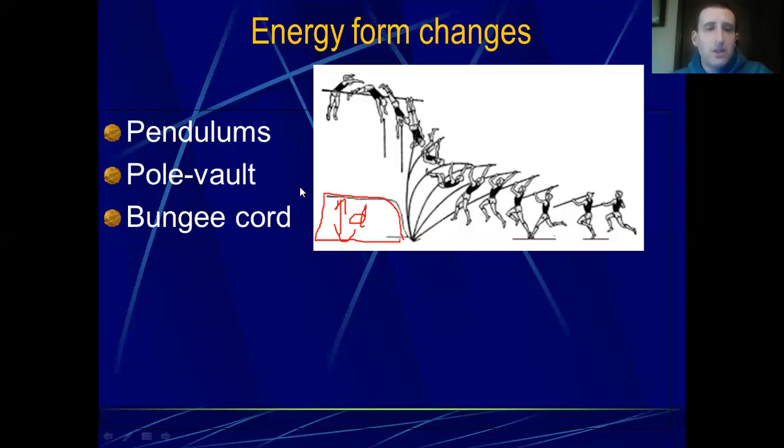Speaks a little bit to the classic movie, you know, James Bond type thing, right? Where they jump off with this bungee cord, and then when they're right at the bottom, they cut the cord and they fall a short distance and they roll away and they escape. Really what this shows us is that it is theoretically possible, right? Down here at the bottom, the energy is all in the cord.